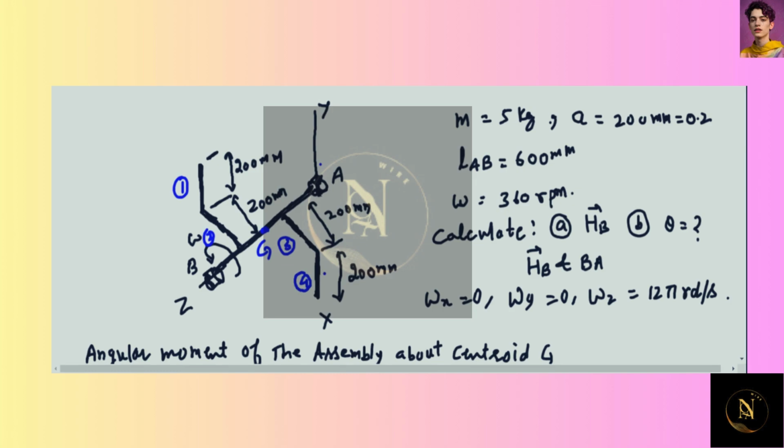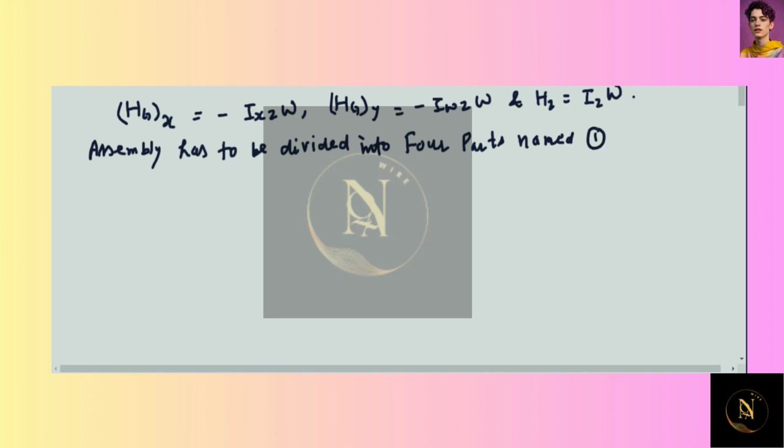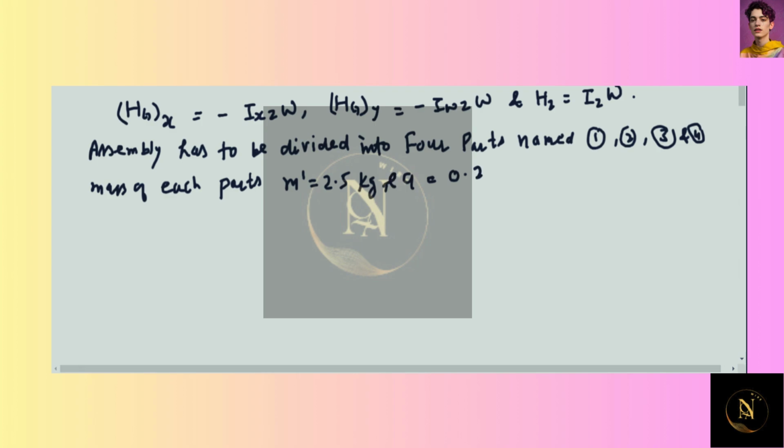So the assembly is divided into 4 parts named 1, 2, 3 and 4, and the mass of each part is 2.5 kg and its length is 0.2 meter.